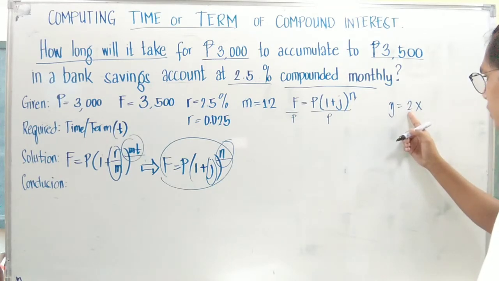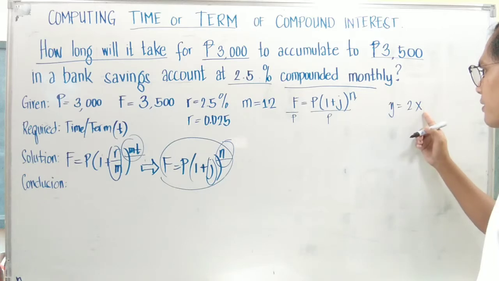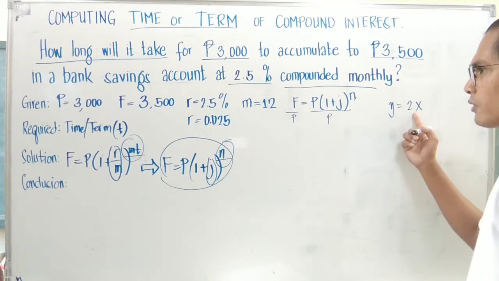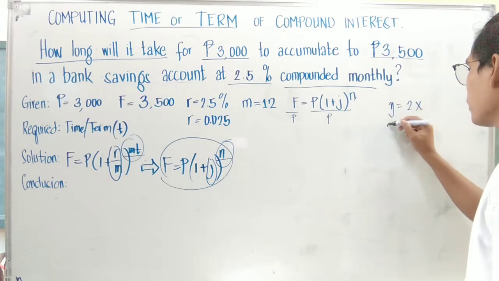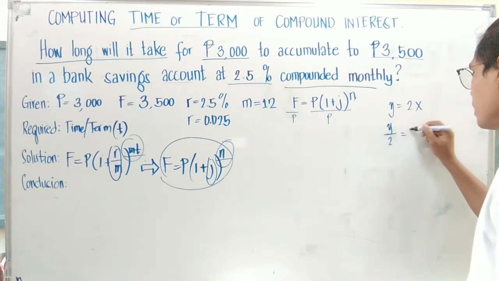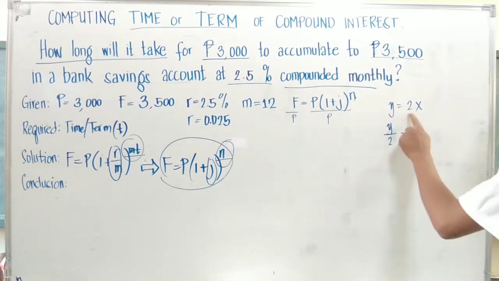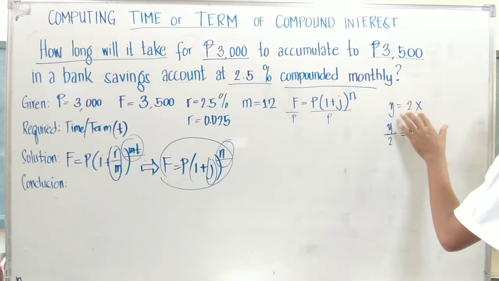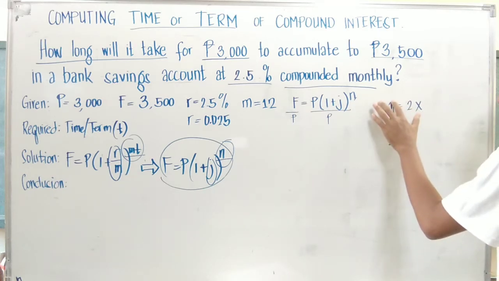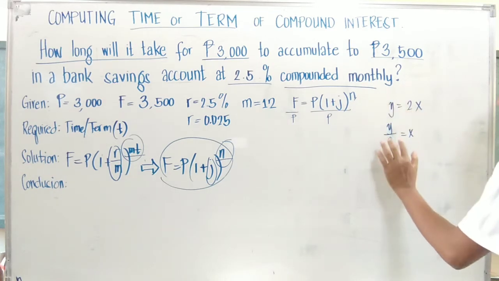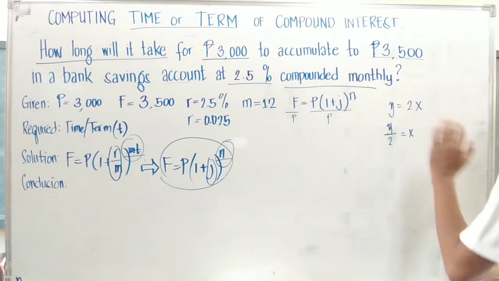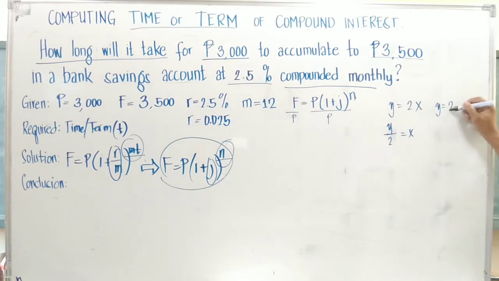We are multiplying 2 and x. If you transfer 2 to the other side, it will be y divided by 2 equals x, because it is multiplication on one side, so when we transfer 2 we divide by 2. Just like y equals 2 plus x.